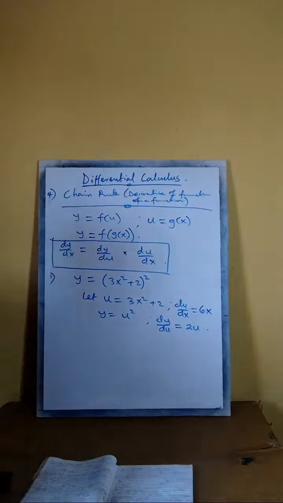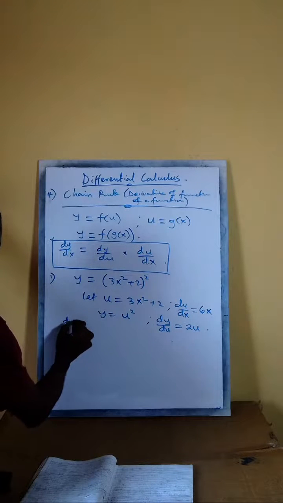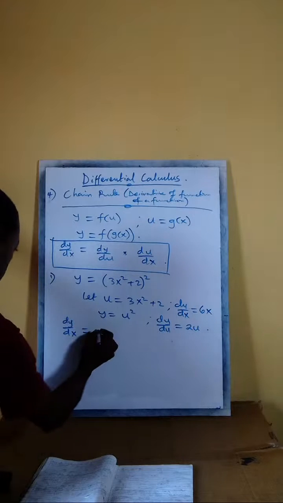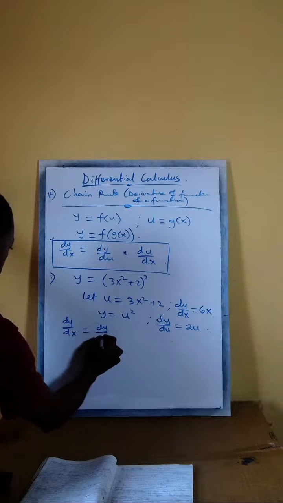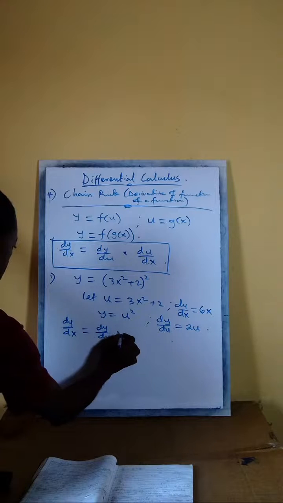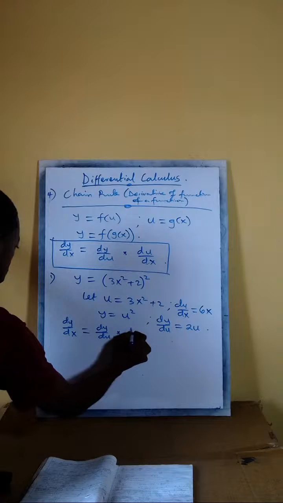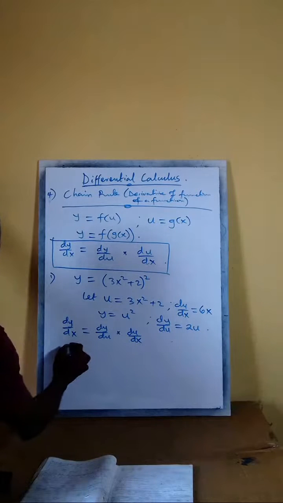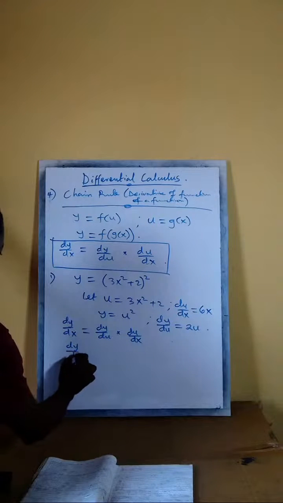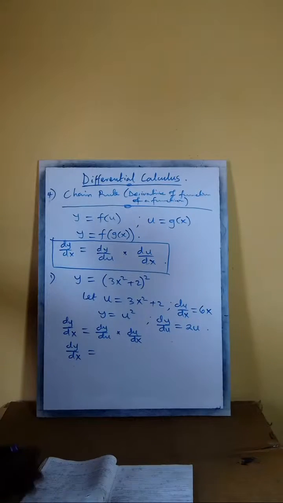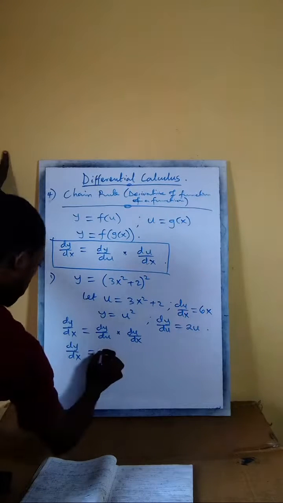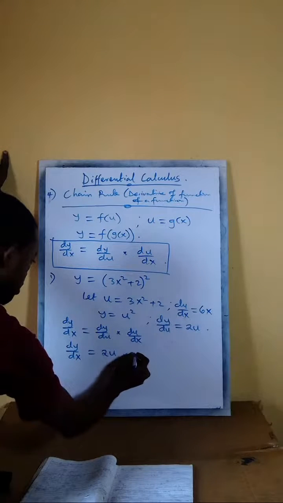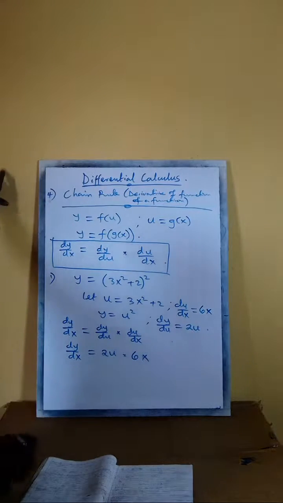From the formula, dy/dx equals dy/du multiplied by du/dx. Then dy/dx equals dy/du, that's 2u, times du/dx, that's 6x.